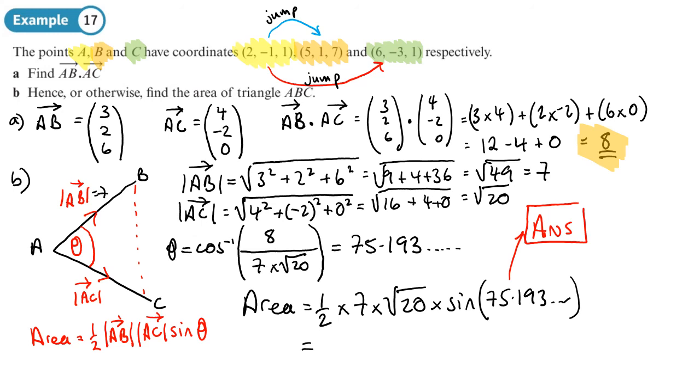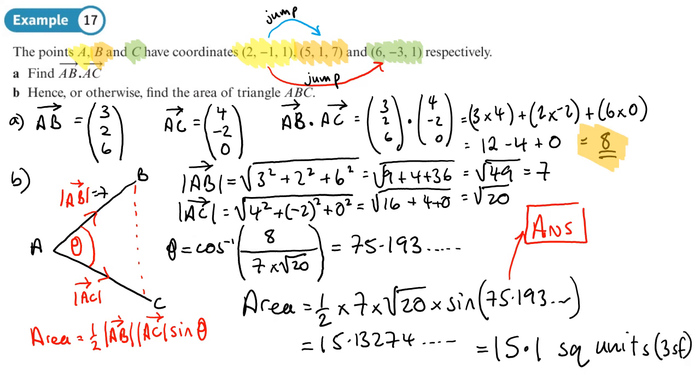Working that out, we'll get 15.13274, which we'll round to 3 significant figures. So that'll be 15.1. There are no units for lengths here, so we'll just put square units, and that's 3 SF for that.